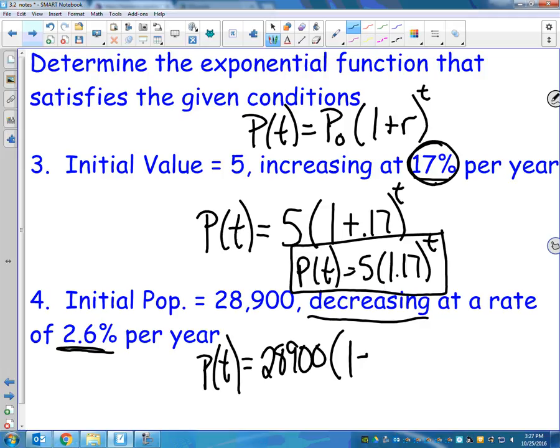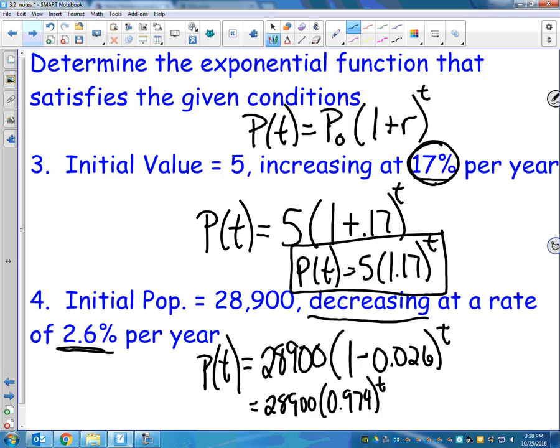Notice it doesn't say negative 2.6, but because it says decreasing, it's implied that that would be 0.026 to the t power, which would be like 0.974, right? So 28,900 times 0.974 to the t power.